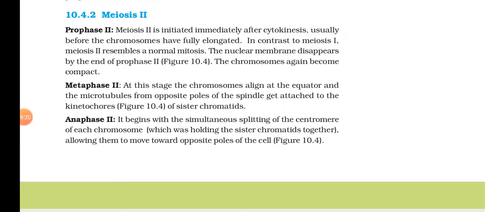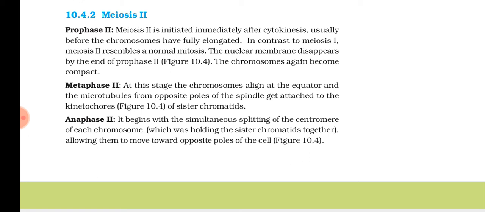So I told you after meiosis 1, the cytokinesis also takes place. So just after that, what happens? Meiosis 2 is initiated after cytokinesis and just before the chromosomes are fully elongated, meaning it will not wait for the chromosomes to fully form the chromatin network.